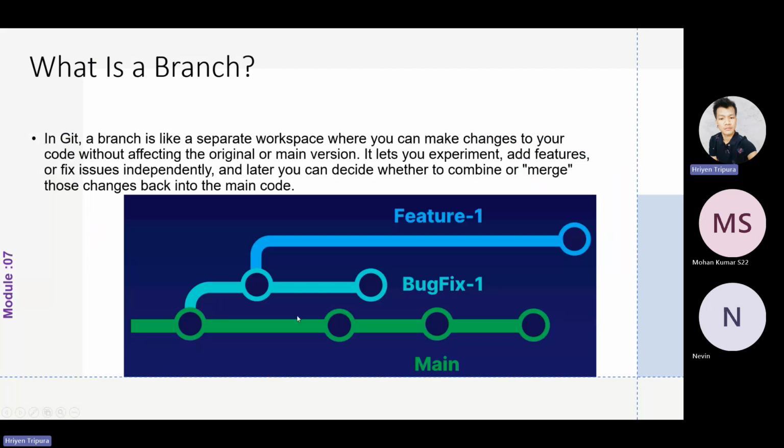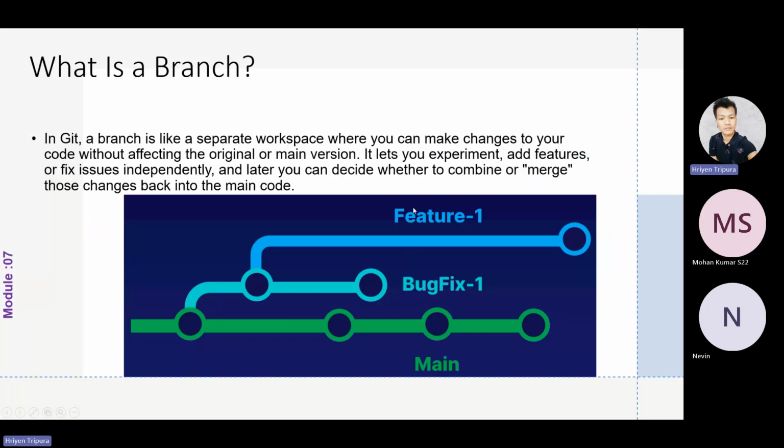As you can see in this diagram, this is your main branch. All your code is located in your main branch, and let's say you have two other branches: one is a feature branch, and the second is a bug fix branch, so three in total.